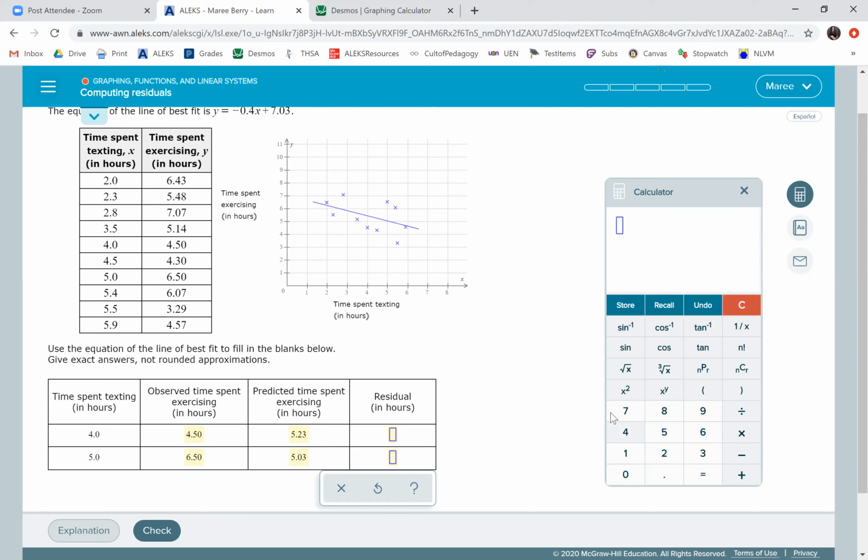Then I'm going to do 4.50 minus 5.23, negative 0.73. To put the 0 in there, I better, just in case. Okay, and then 6.50 minus 5.03. Okay, this should work. 1.47.